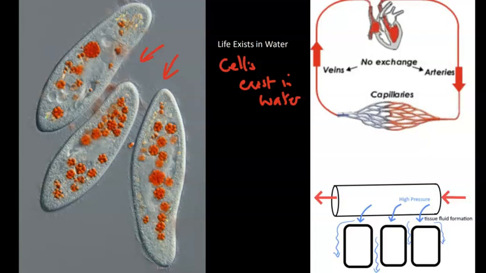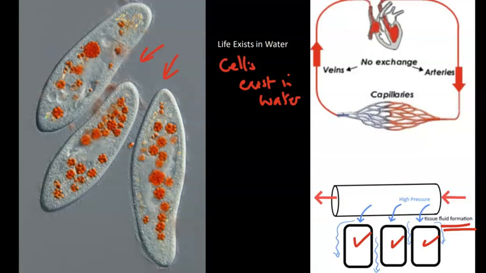But this is equally true of the cells here of a multicellular organism. The water we're considering here is what we call tissue fluid. And this tissue fluid is formed from the circulating blood of these large multicellular organisms.